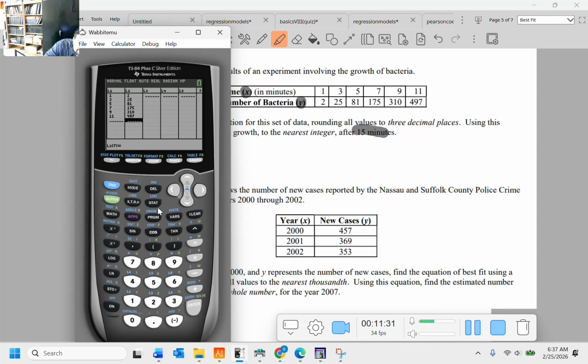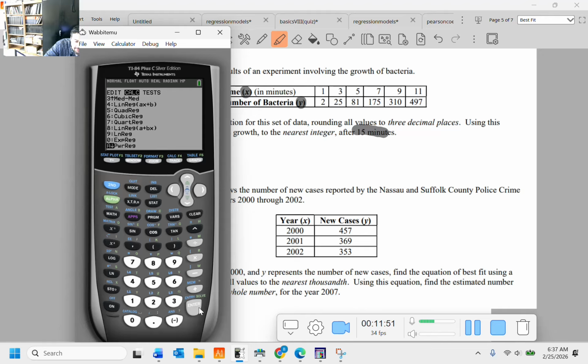I always like to look at the scatter plot. A power regression, definitely exponential and power regressions, they look about the same. They really do. But they want us to explicitly run a power regression. So stat, calc, power regression. You have to scroll a little bit for that one.